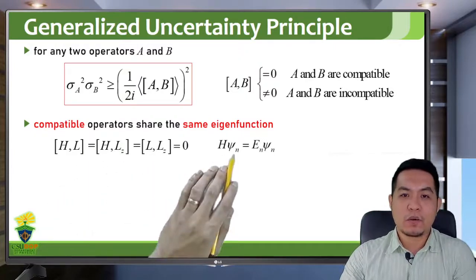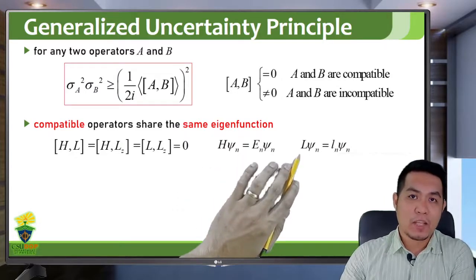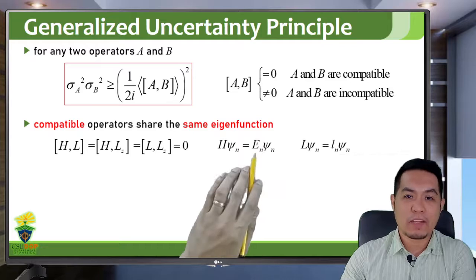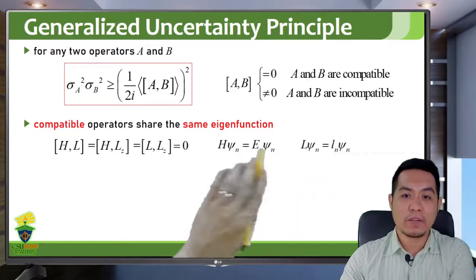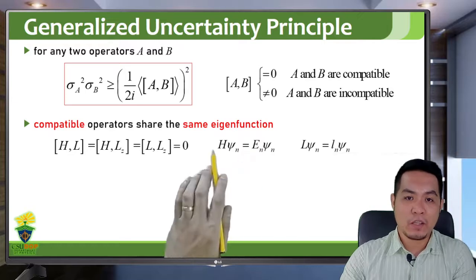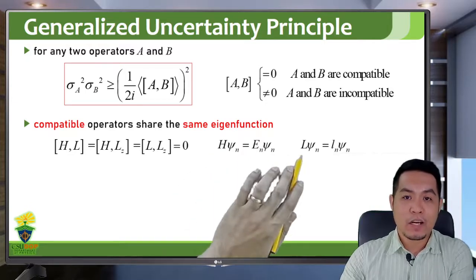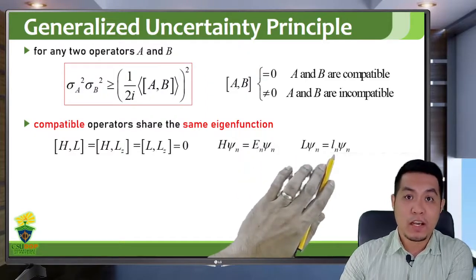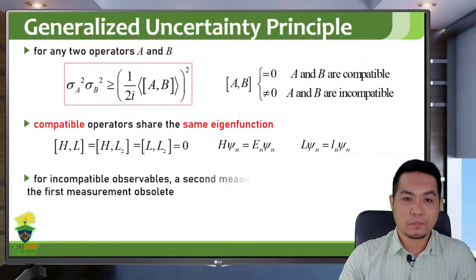The Hamiltonian and, for instance, the angular momentum operator will have the same eigenfunctions psi n, even though they have different eigenvalues. For the Hamiltonian, the eigenvalue is energy, and for the angular momentum, the eigenvalue is angular momentum, which is a function of h bar. Take note, h bar is the unit of angular momentum.